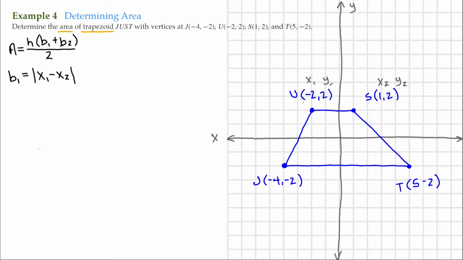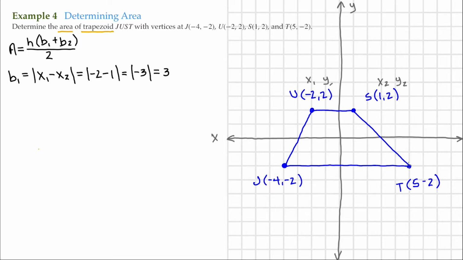So now I have -2 minus 1, that's the absolute value of -3, and the absolute value of -3 is 3, which we knew anyways just by counting. So the length of base 1 is 3.